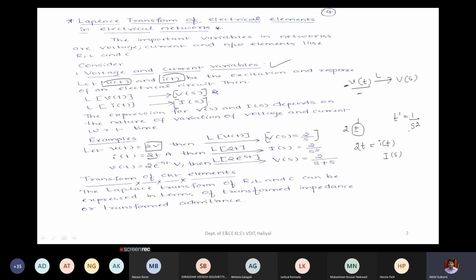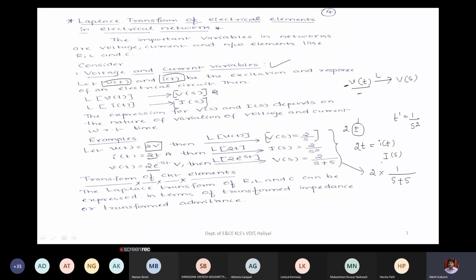We have seen already, right? So that will be 2 divided by s square. If the input is 2 into e to the power minus 5t, then V of s will be 2 divided by s plus 5, which is as good as 2 into 1 divided by s plus 5. Okay. Check out these things. Is that clear now about these 3 examples?